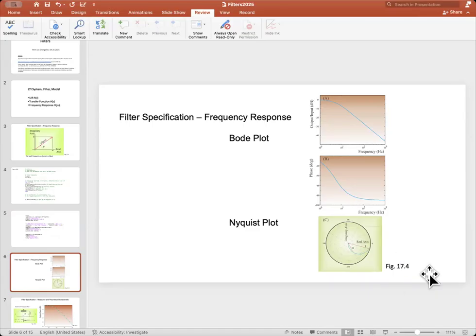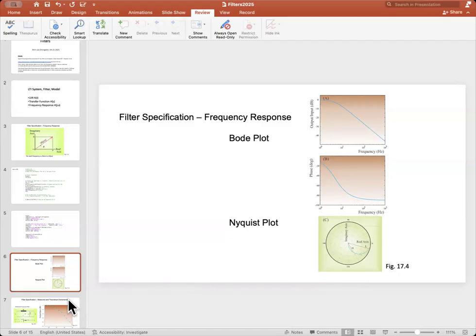We have these Bode plots, which is here, the frequency versus the output and the phase, the input, output, and the phase. And here you can see the Nyquist plot in the Argand plane. So basically, this is also what this MATLAB routine will give you.